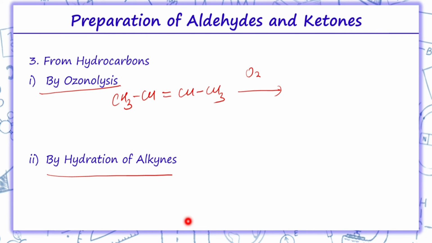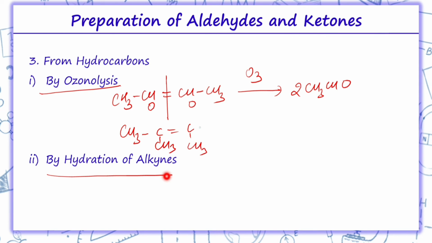So, simple alkene on ozonolysis will give 2 moles of aldehydes, that is CH3CHO, CH3CHO. These reactions we have already studied in alkenes. Similarly, a branched alkene will give 2 moles of ketones, that is CH3COCH3.